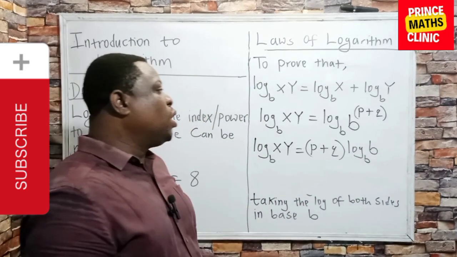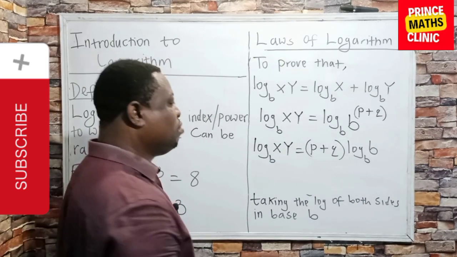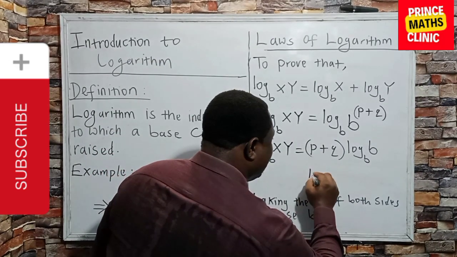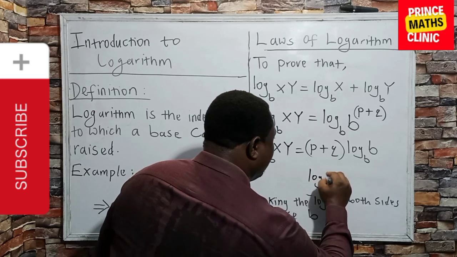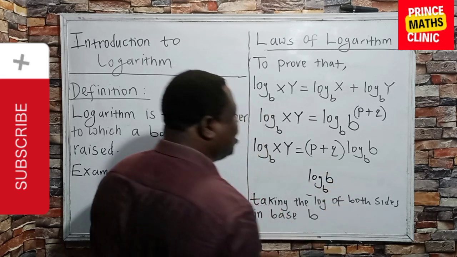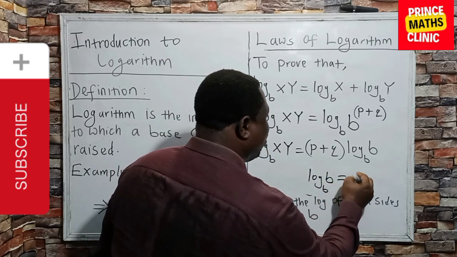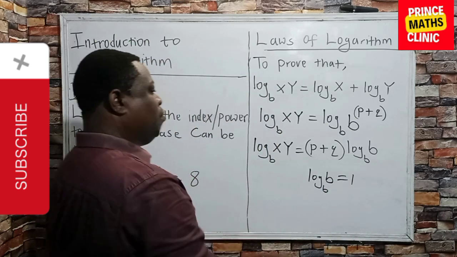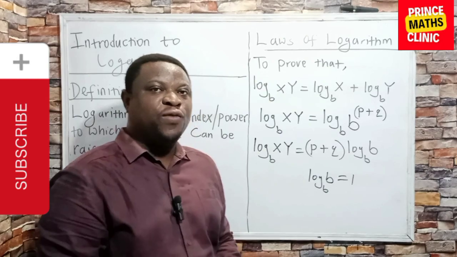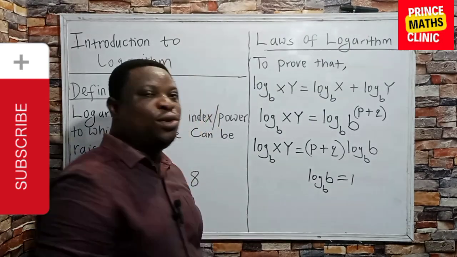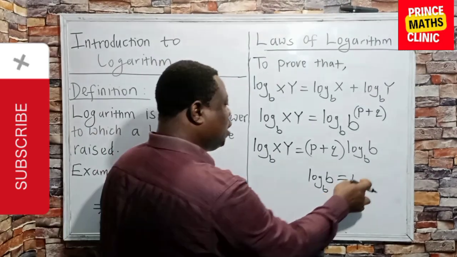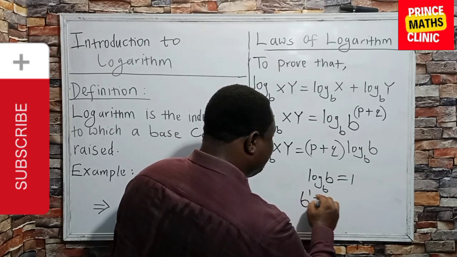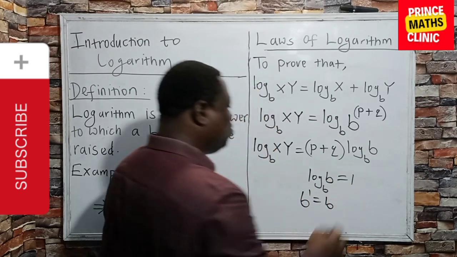Now, we know that from the laws of logarithm, when a log and the base are the same, it is simply equal to 1, which can easily be proven. Convert this back to indices. This becomes b raised to power 1, and b raised to power 1 is still equal to b.